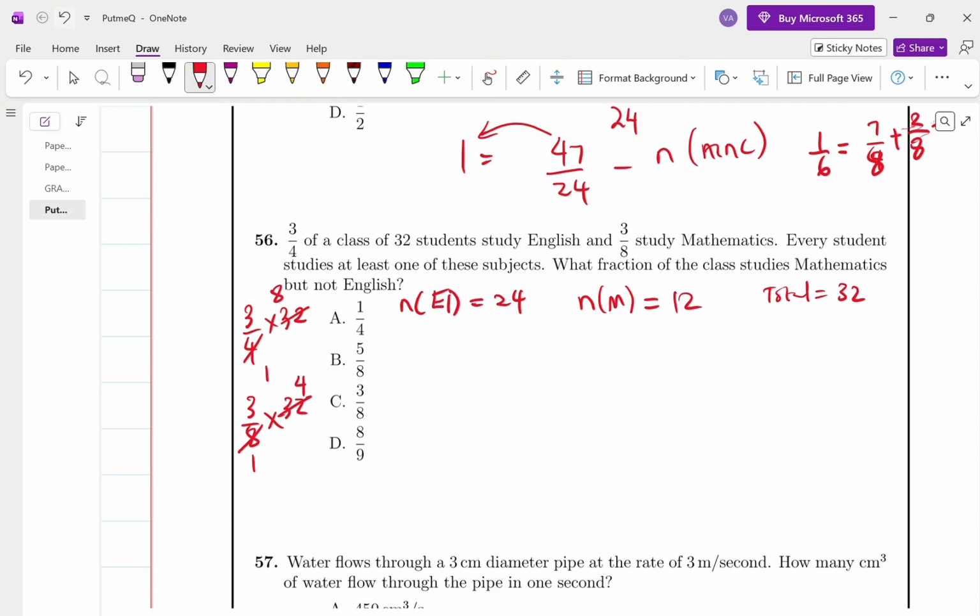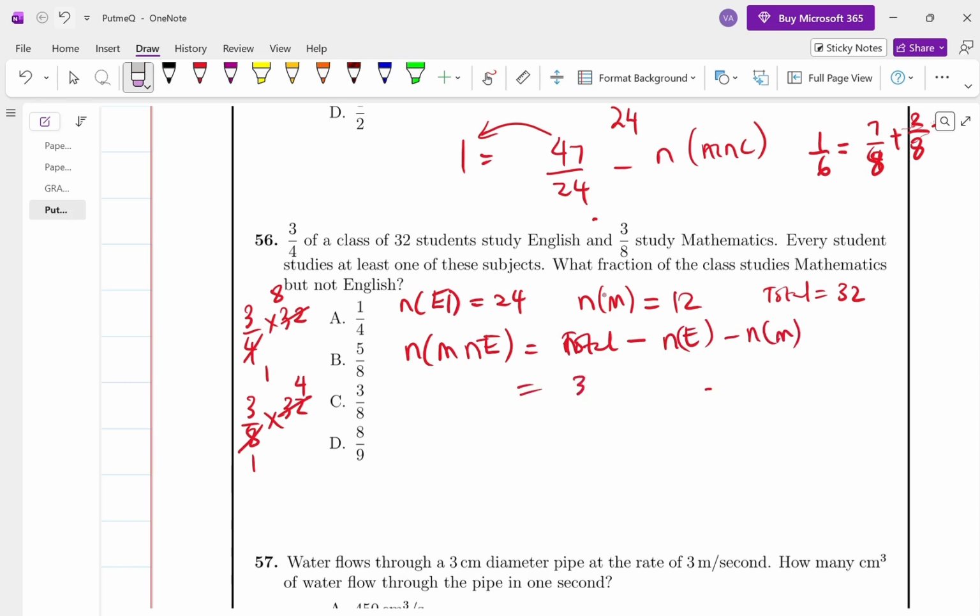Now, this means that those that are doing both English and maths, so using this formula, number of those doing maths and English will become the total number of students minus those doing English minus those doing maths.